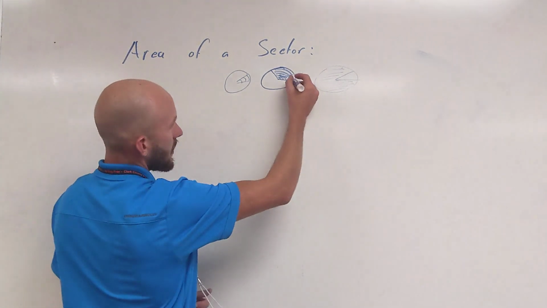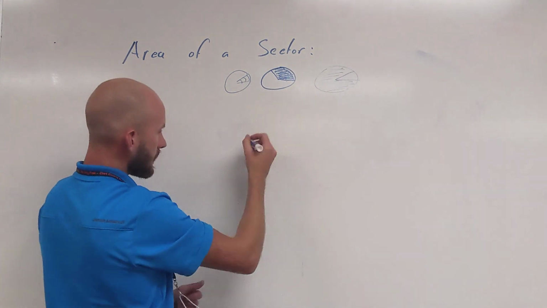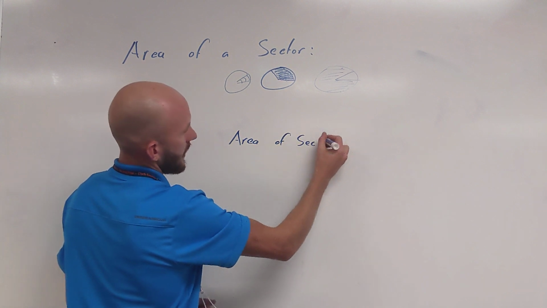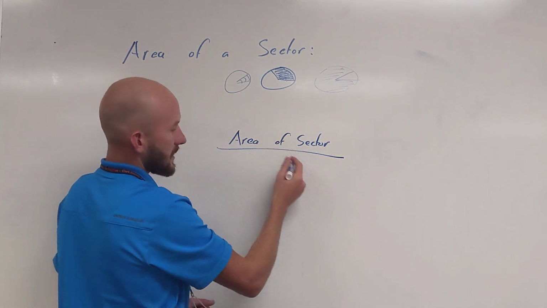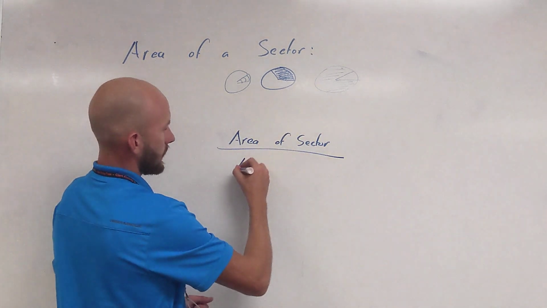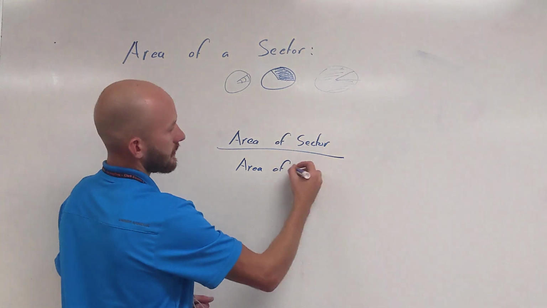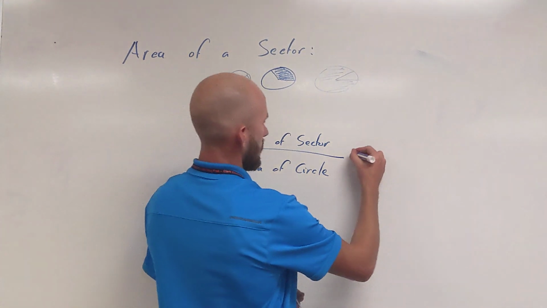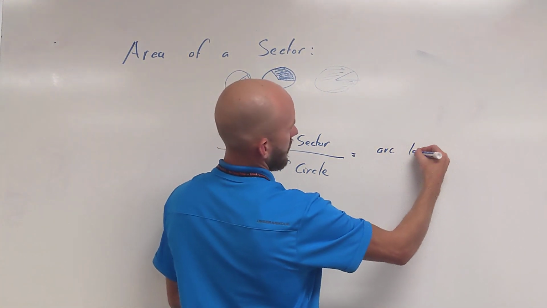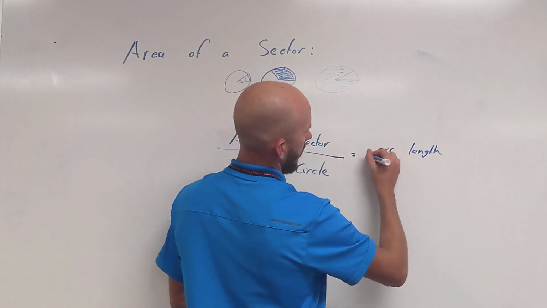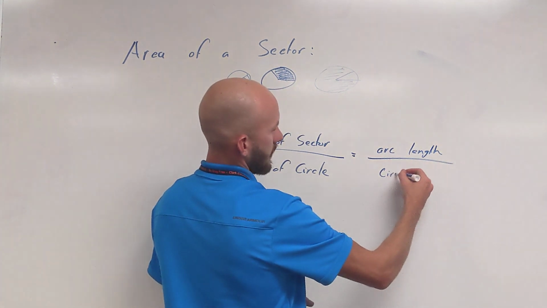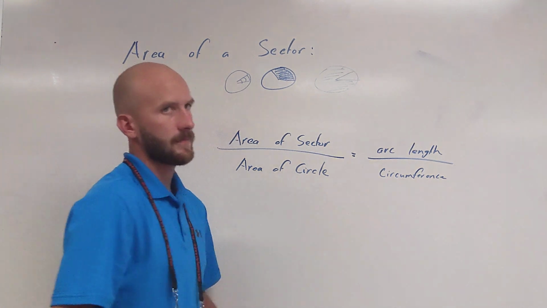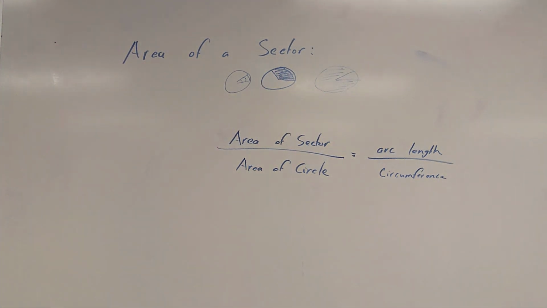So, if I'm looking at the area of a sector, does it make sense that the area of a sector, since it's a fraction of the overall area of a circle, that ratio would be equal to the arc length divided by the circumference of the whole circle? That's a lot of words.